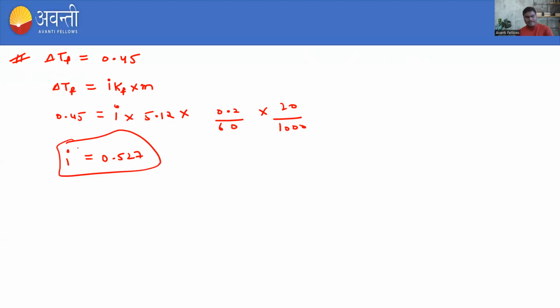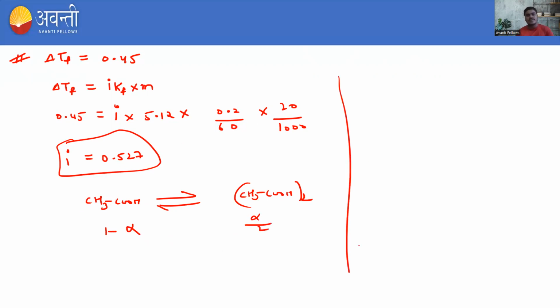Calculated i, right? Now, in case of association, we have CH3COOH and this is (CH3COOH)2, dimerization taking place. So if the degree of association is alpha, this is alpha by 2. So what is i? i is nothing but the total number of particles after association, that is 1 minus alpha plus alpha by 2, upon before association, that is 1.